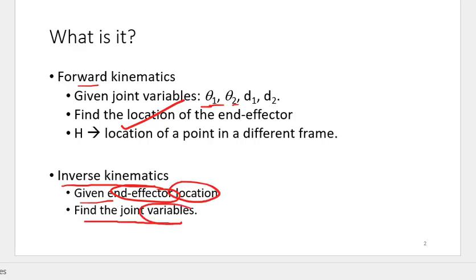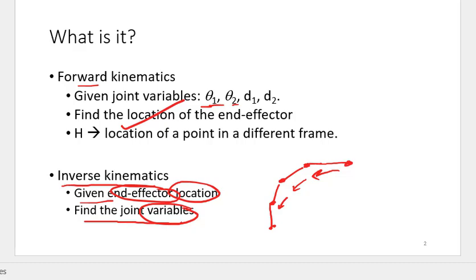That means if any buyer or any person wants to measure the end-effector location, you have to find out how many joints there will be and how much length there will be. That means inversely we have to go. If you watch my previous video, you will get this answer.